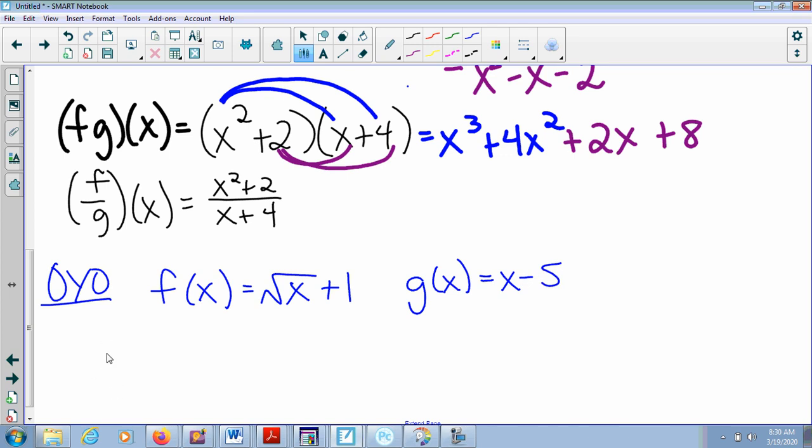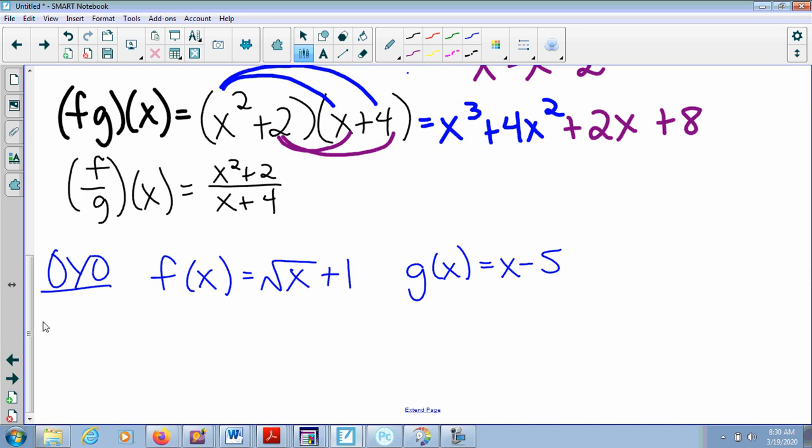So go ahead and try those. See if you can get all 4 of them. Your f plus g, your f minus g, your f times g, and your f divided by g.